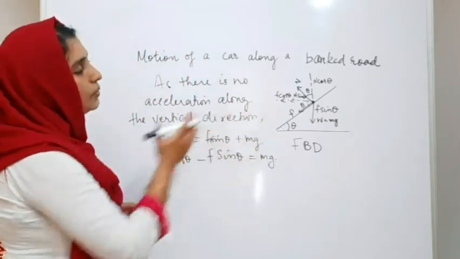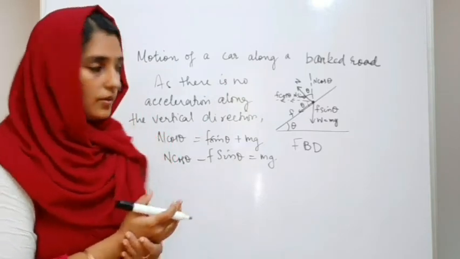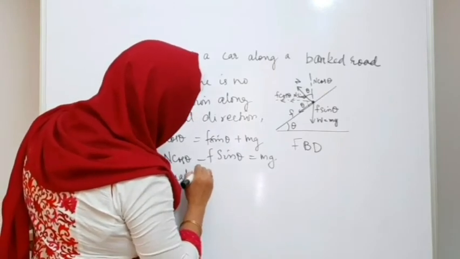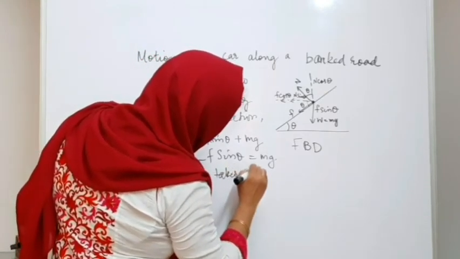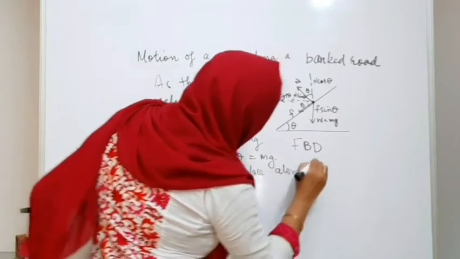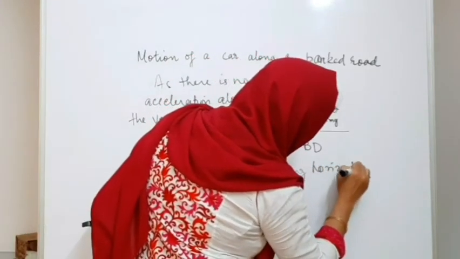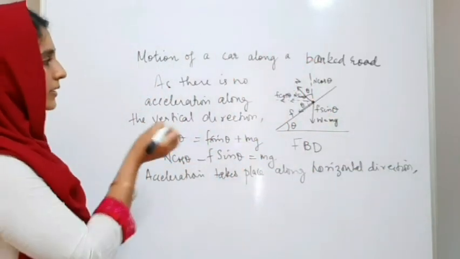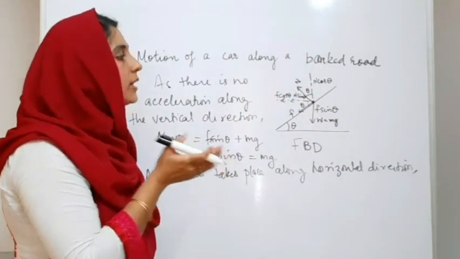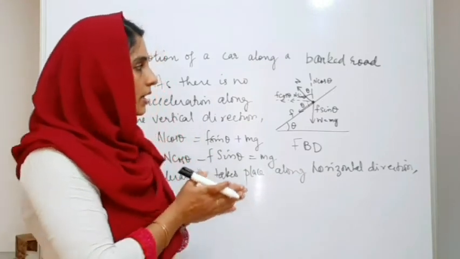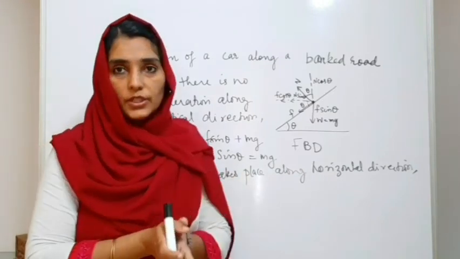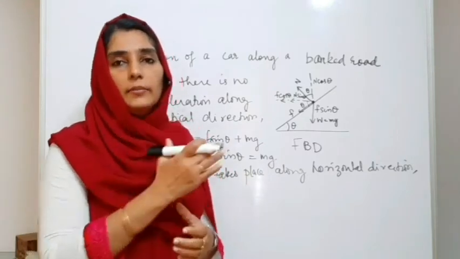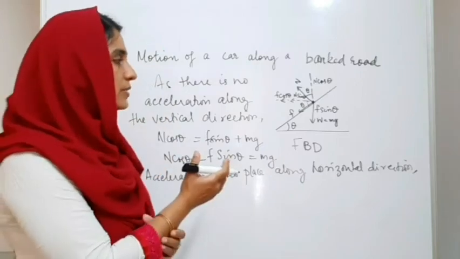Now we know that acceleration takes place along the horizontal direction. What are the forces? For any object to move in a circular path, it should be fueled by some kind of force which is known as a centripetal force.